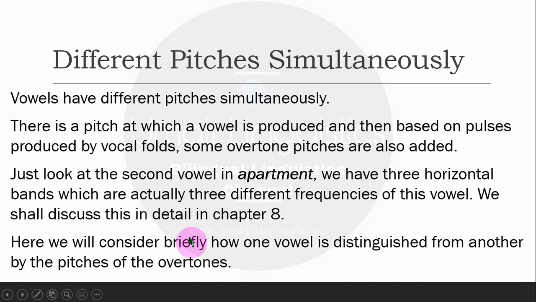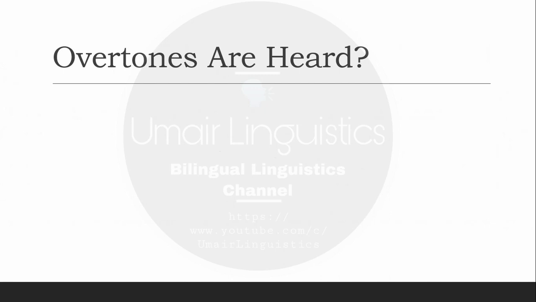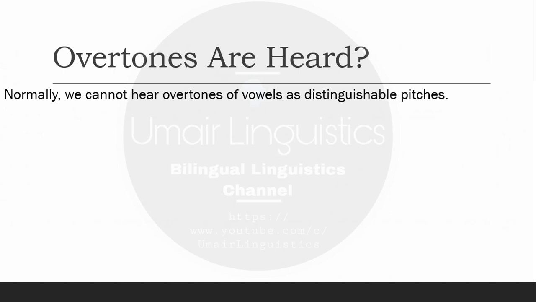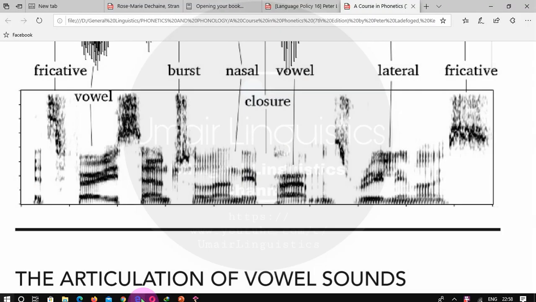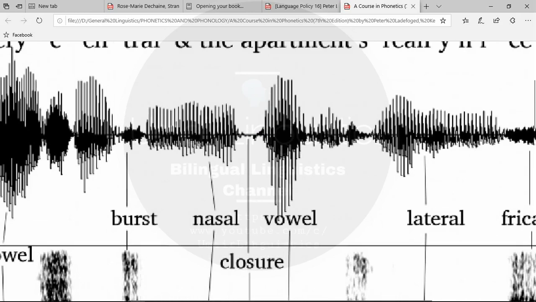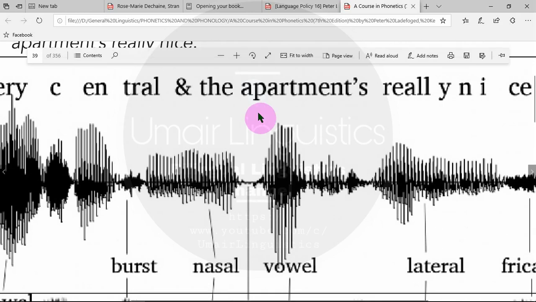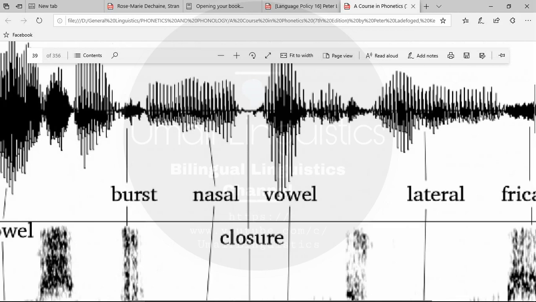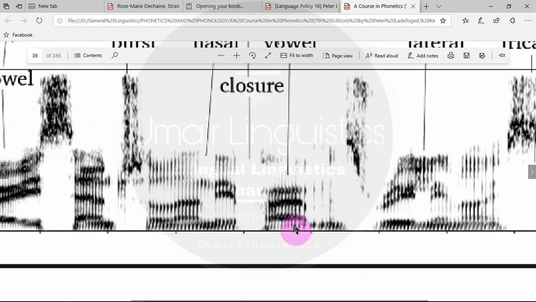Here we will consider briefly how one vowel is distinguished from another by the pitches of the overtones. Normally, as I have said, we cannot hear the overtones of the vowels as distinguishable pitches. For example, when a vowel like the one in apartment is produced, we can hear only one pitch.